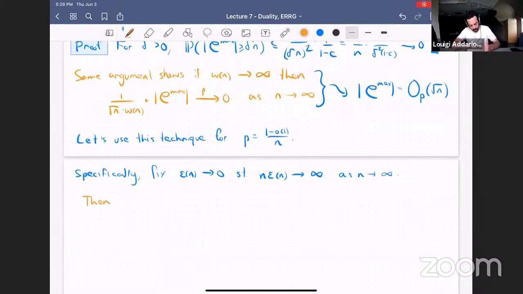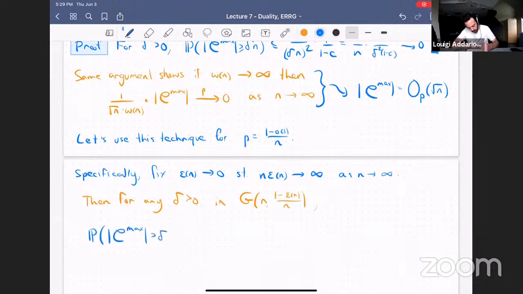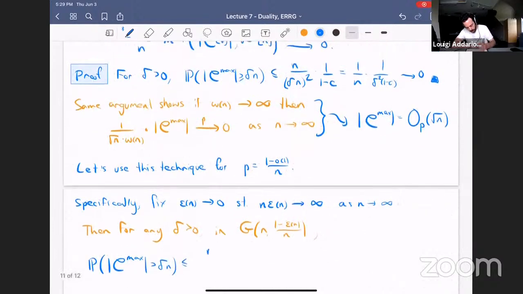If I fix any positive delta, then in G(n, (1 minus epsilon) over n), what bound do I get from this argument for the probability that C max has size bigger than delta n? Well, I still get this n over delta n squared.